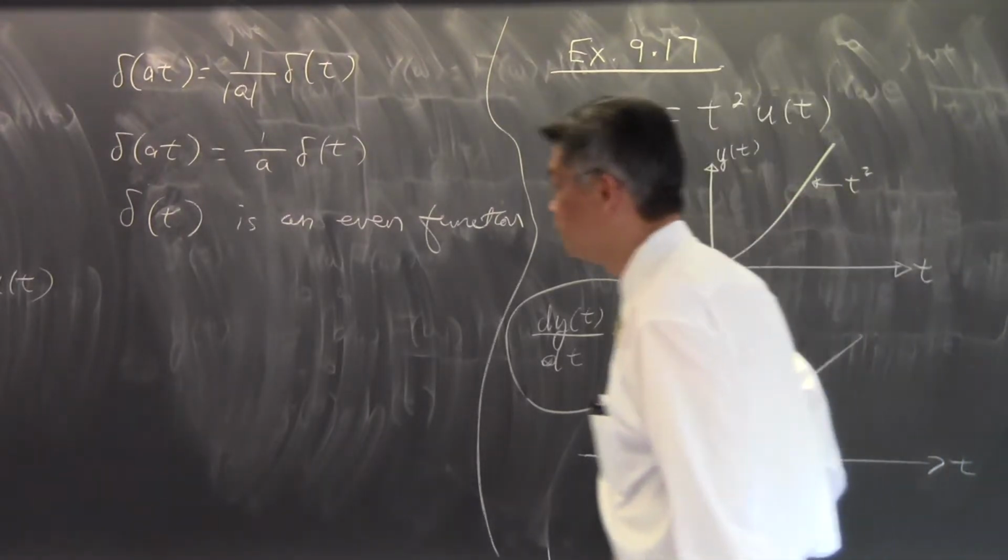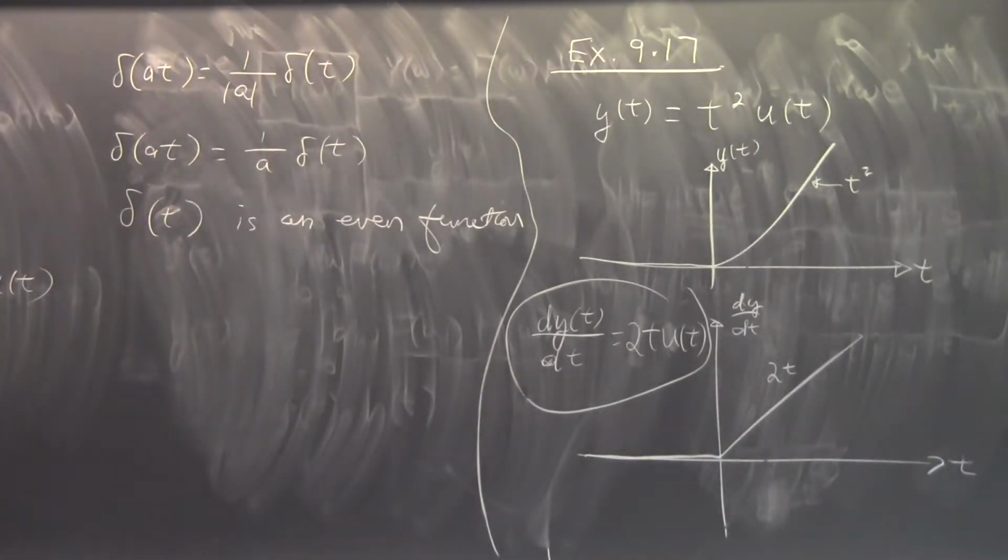But if I don't like the intuitive way of doing things, I want mathematics. I want to go through all the mathematics that I know and mobilize my knowledge and check if I get the same answer. I can also do that. Then y of t is equal to t squared u of t. According to my mathematical knowledge, there is differentiation by parts. So I can think of this as a product of two functions.